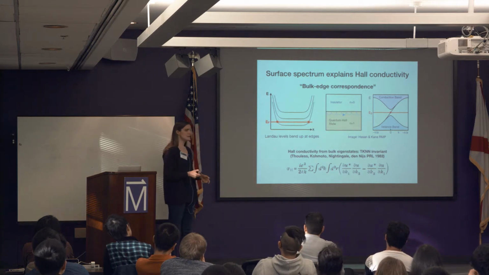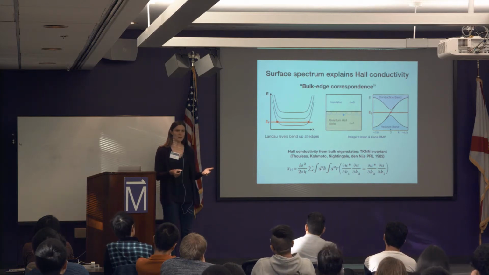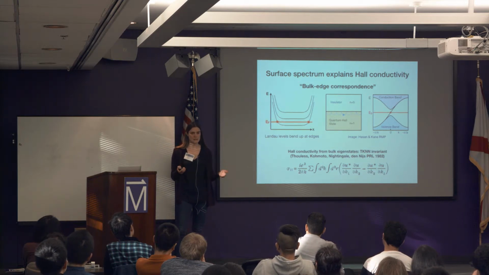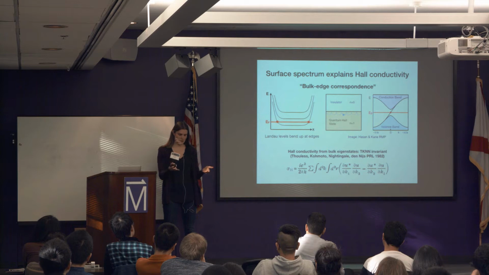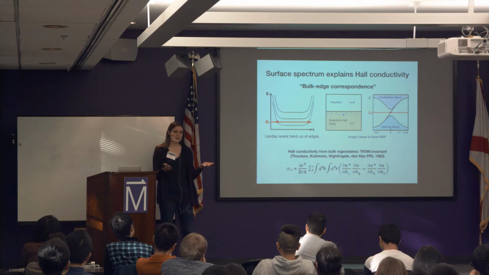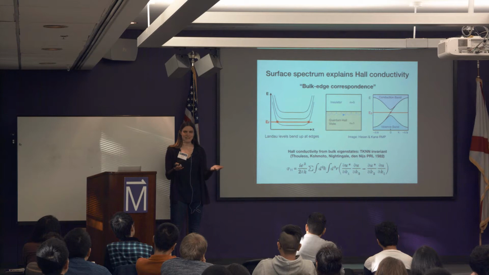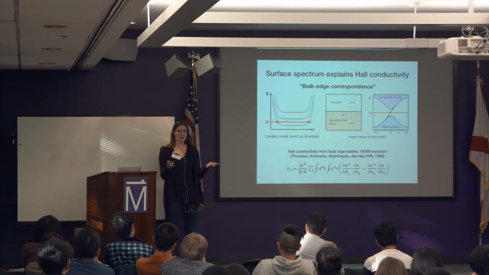And the basic reason that we have this bulk edge correspondence is that if you have two different topological invariants which take on integer values, say you have an n equals 1 quantum Hall state next to a vacuum which is n equals 0, these things are both integers. And we already said that they can't change under smooth deformation. So you might wonder, how can we get from n equals 1 to n equals 0?